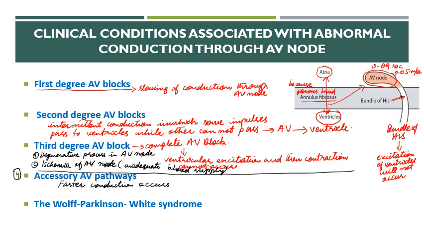And the reason for this faster conduction from atria to ventricles is the presence of some abnormal pathway between atria and ventricles.